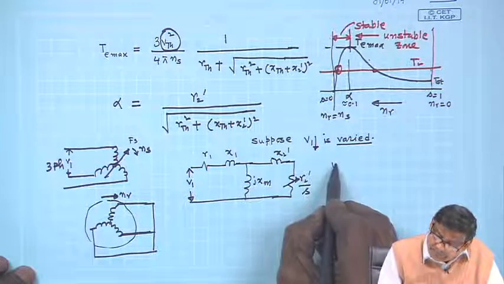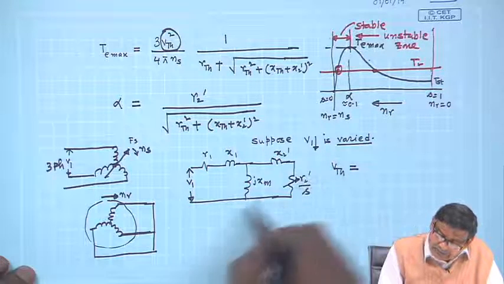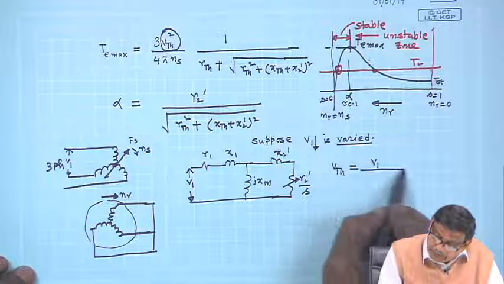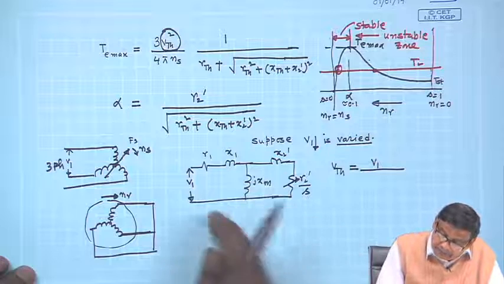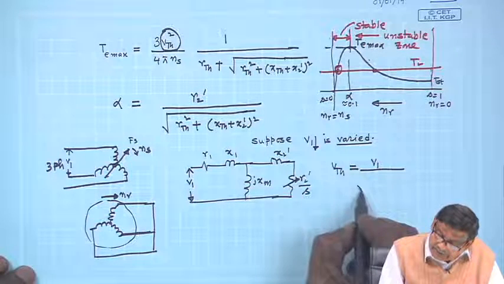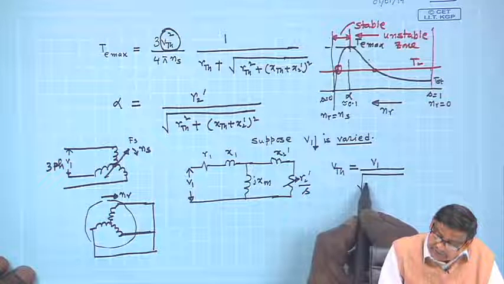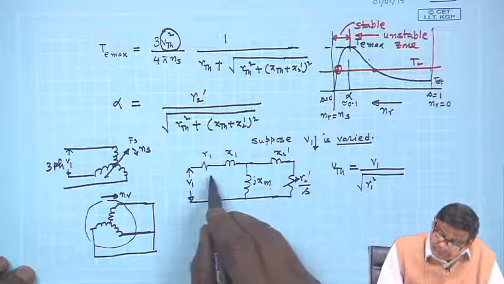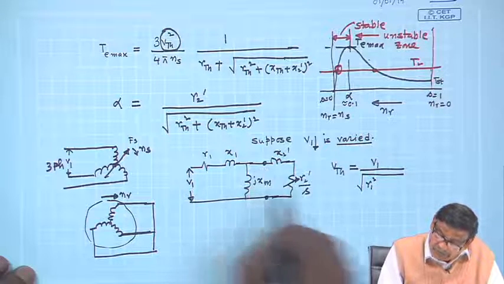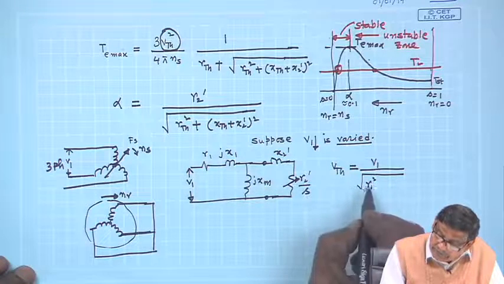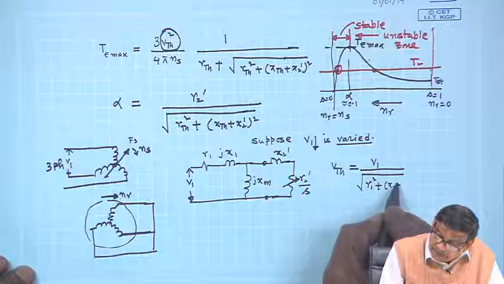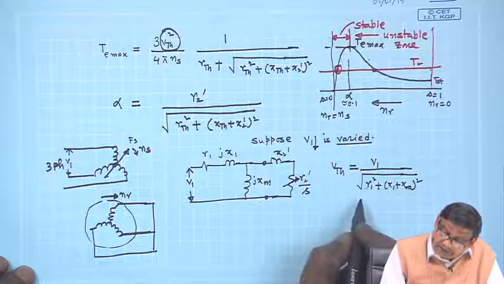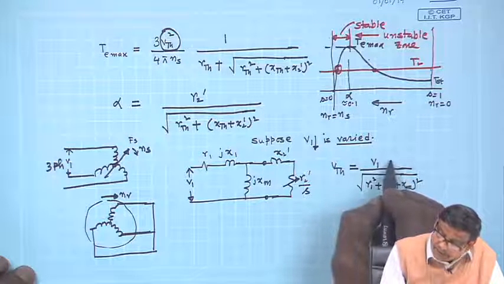Then we know that the magnitude of V Thevenin is V1, the applied voltage, divided by the square root of R1 squared plus (X1 plus Xm) whole squared, into Xm.